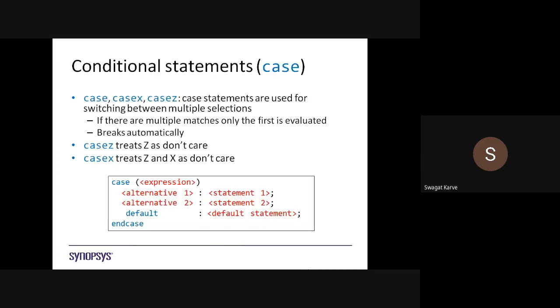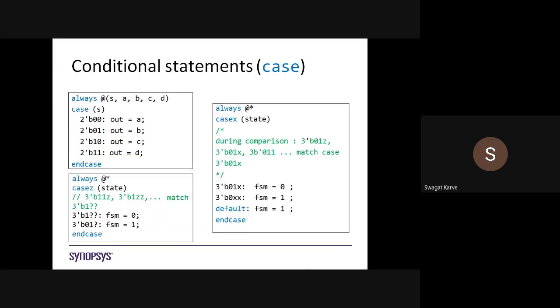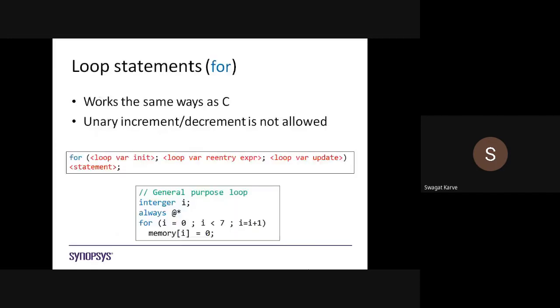Then we discussed the case statement, how we can use the case statement in Verilog, casez, casex and all that. Then we discussed the example part also. Then the for loop, which is very similar to the C language; the way we use the for loop in C, in the same way we use it in Verilog also, right?